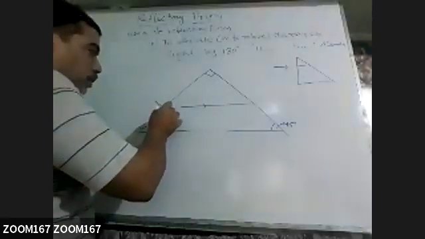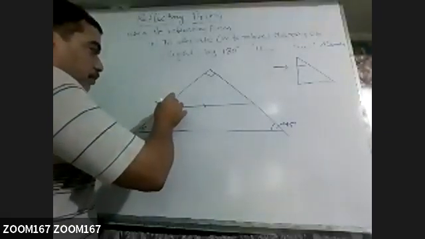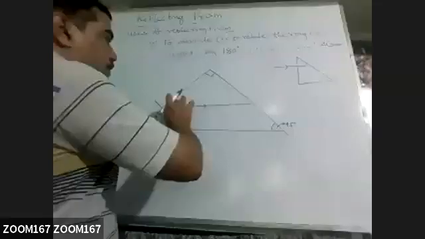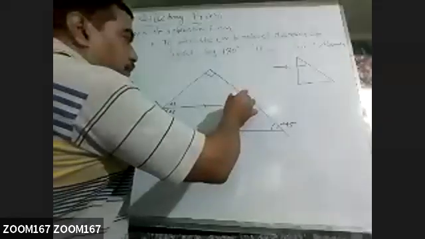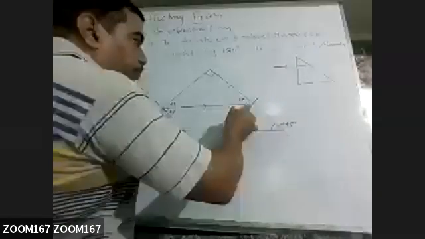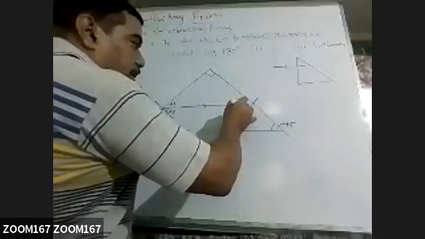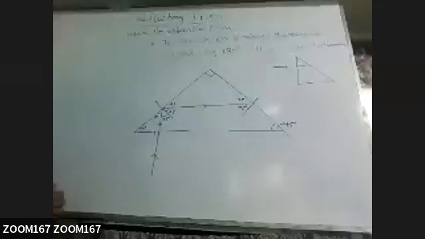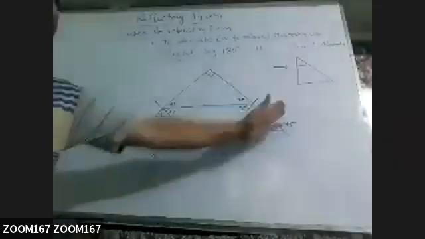This is 45, this is 45, this is 45, this is 90, so naturally here will be 45 degree. Now if we draw the normal at this place, this angle is 45. Will it emerge out?